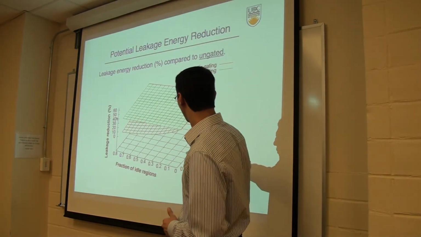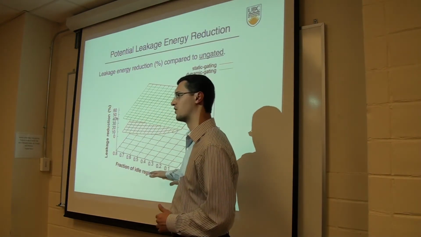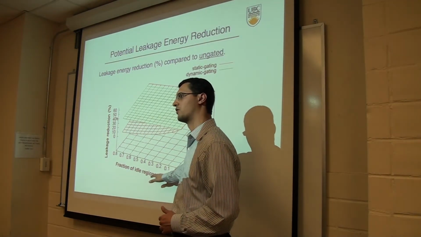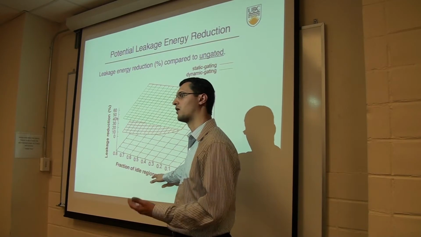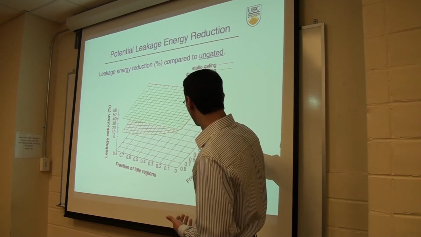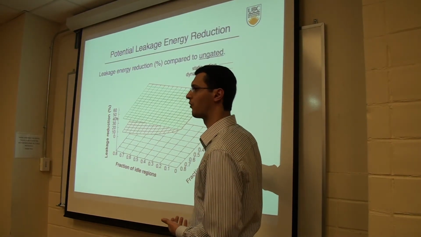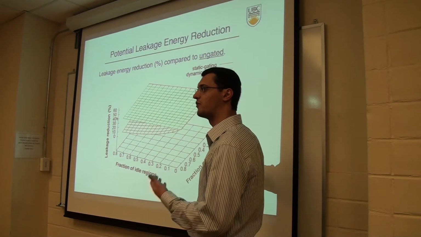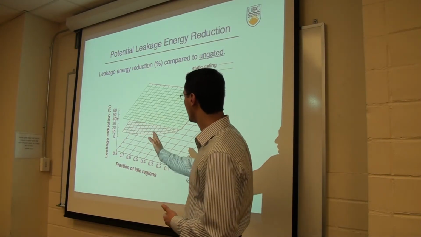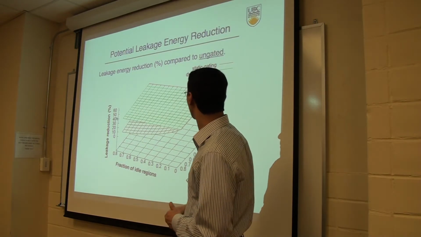So here on the x-axis and y-axis, I'm showing the application structure: what is the fraction of regions in that application that could go into idle mode during the execution time of that application? And on this axis, I'm showing the application behavior: what's the percentage of times these regions could go into sleep mode? And the z-axis shows the leakage reduction.